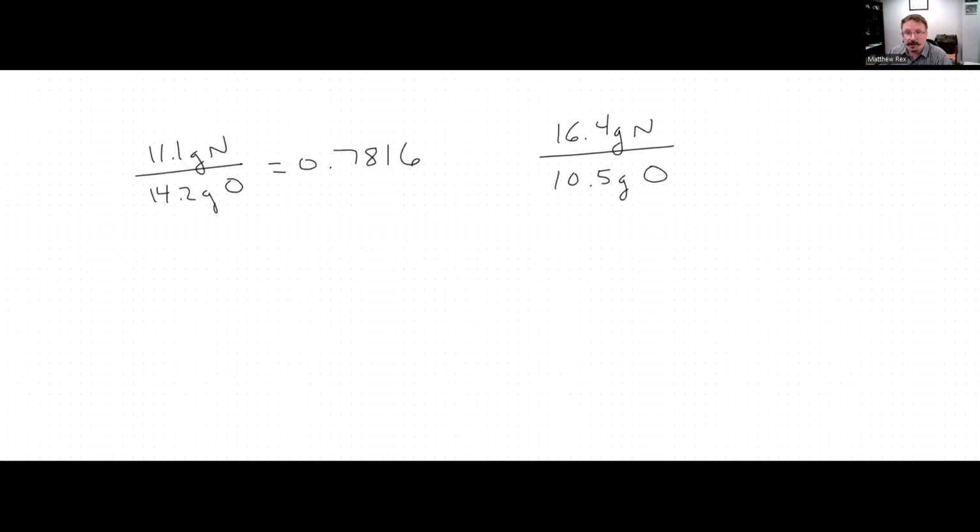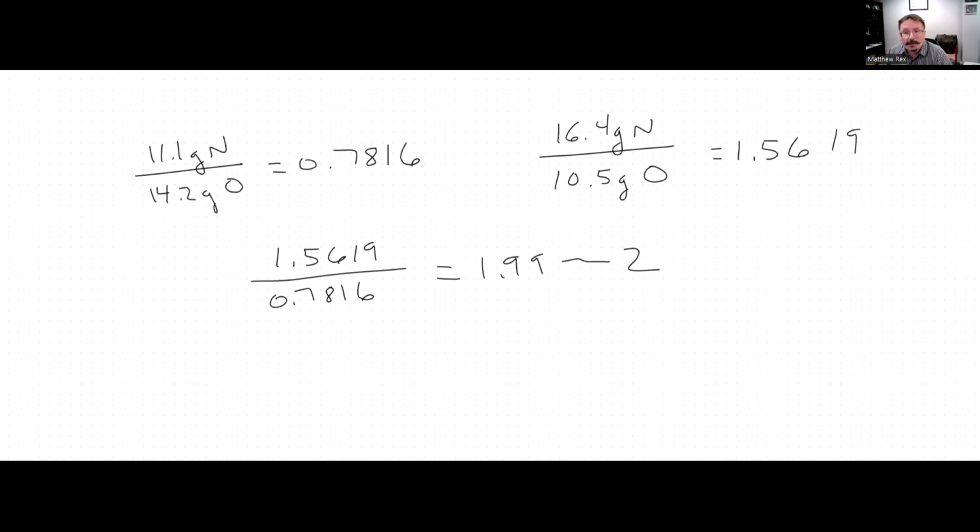And that gives us a ratio of 1.5619. They're not the same ratio, so they must be different compounds, both containing nitrogen and oxygen. If we take the ratio of nitrogen to oxygen in one compound and put it over the other, we get 1.99, or really about 2. So we have a whole number ratio of nitrogen and oxygen in sample 2 compared to sample 1. So this is why this would be the law of multiple proportions.